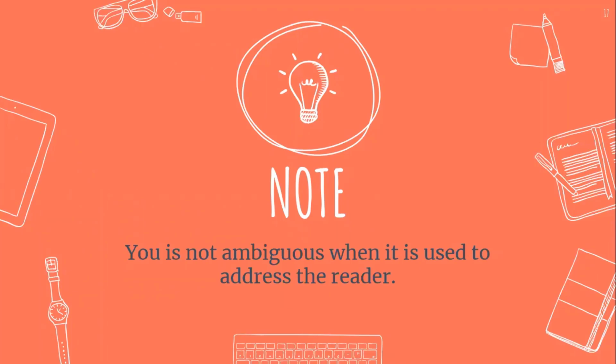Because if you're referring to the reader themselves, then of course you can use "you" to address them. For example, maybe you're writing an article, maybe a letter, or maybe a character is speaking to the audience. You can use "you" if it calls for it.